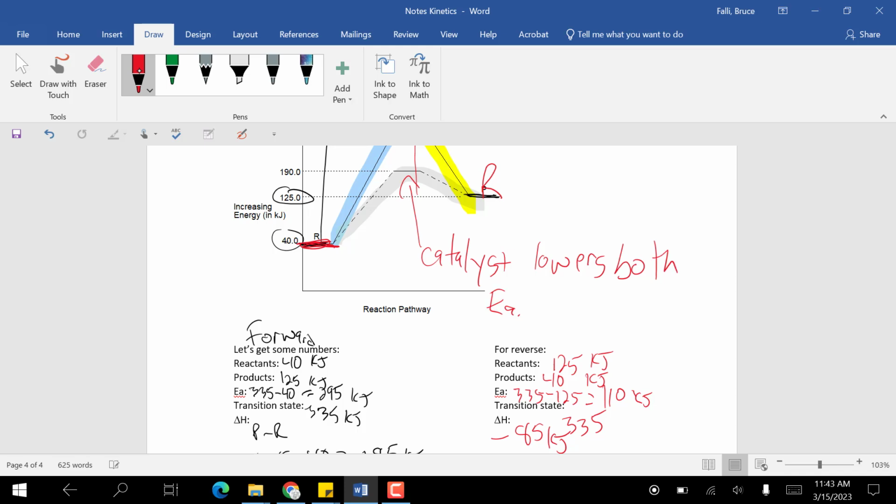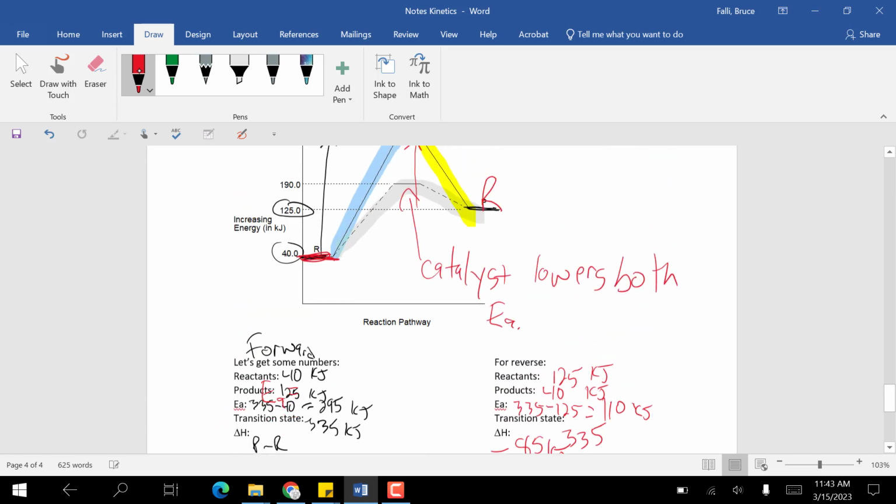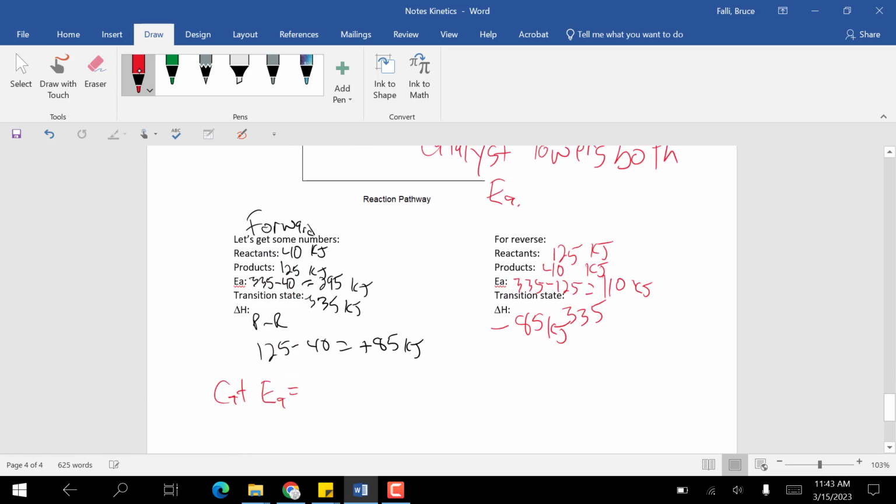So the activation energy for the forward catalyzed reaction would be 190 minus 40 kilojoules.